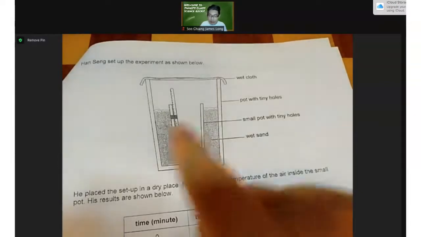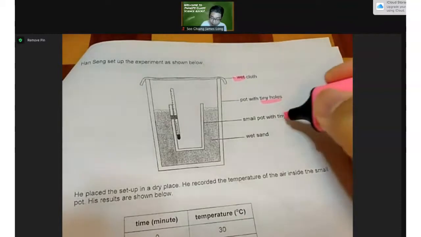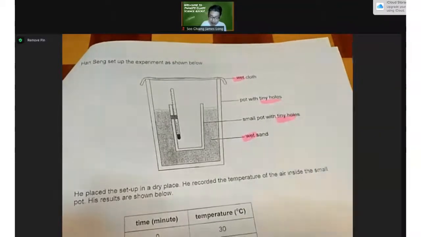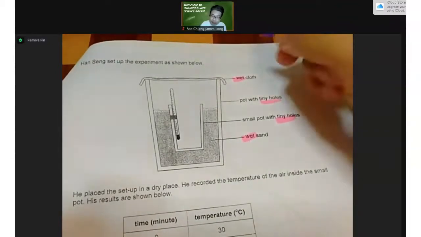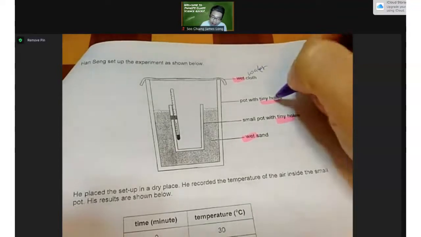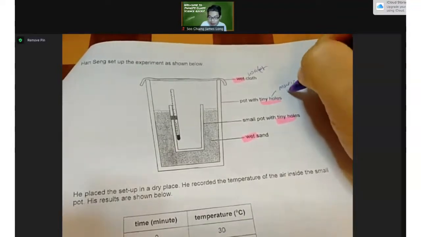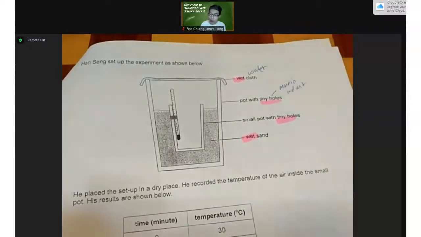So yeah, he did this experiment: wet cloth, pot with tiny holes, wet sand. So I see there's some water somewhere. At this point in time, I'm still not quite sure what is the concept being tested here. Tiny holes mean it allows things to move in and out. So what is moving in and out? I'm not quite sure yet.